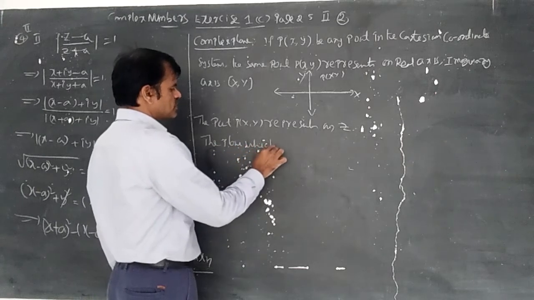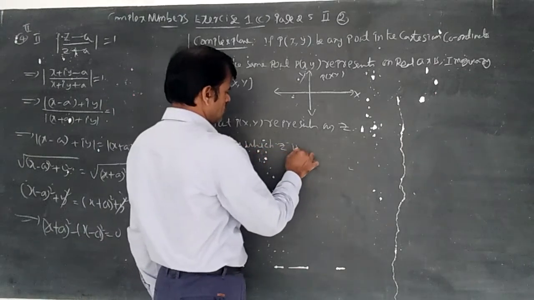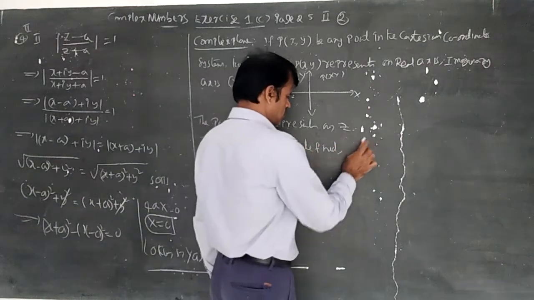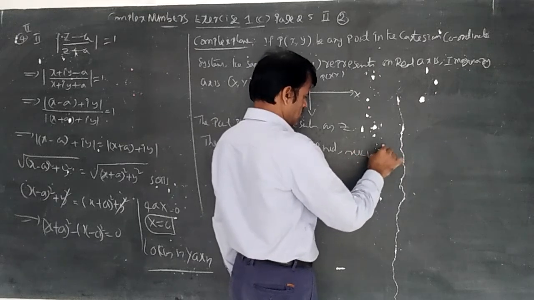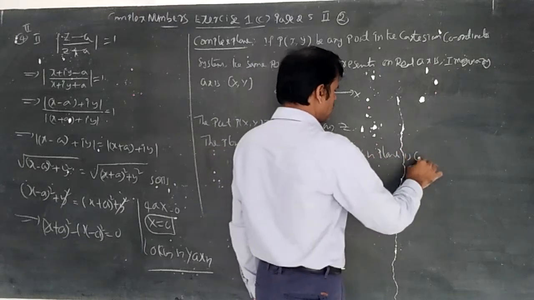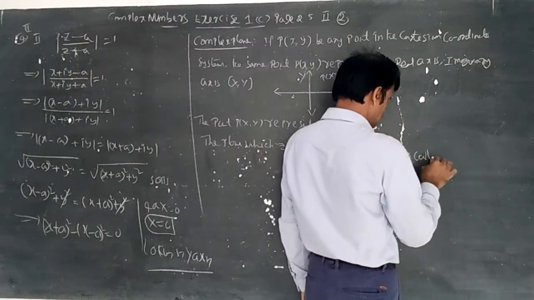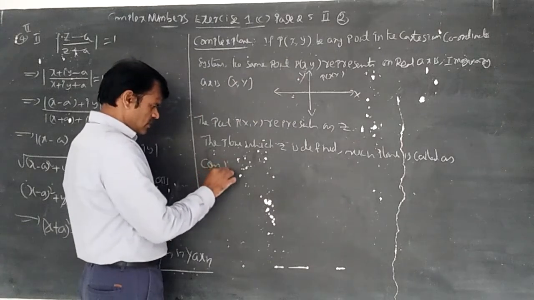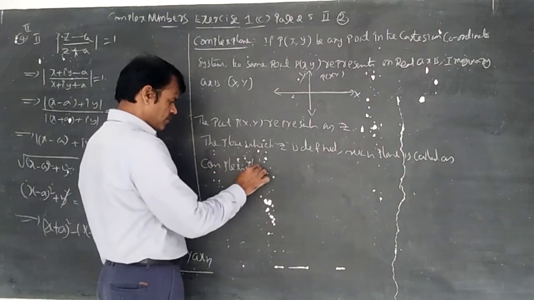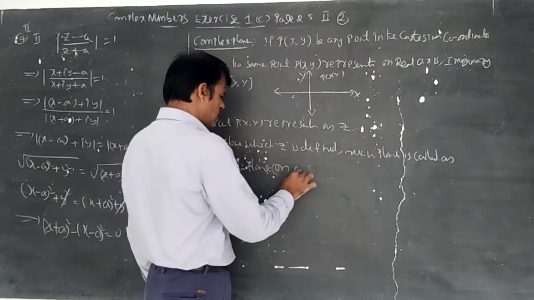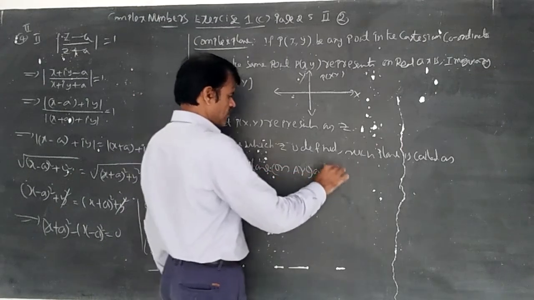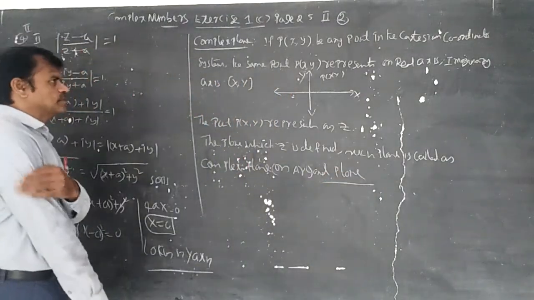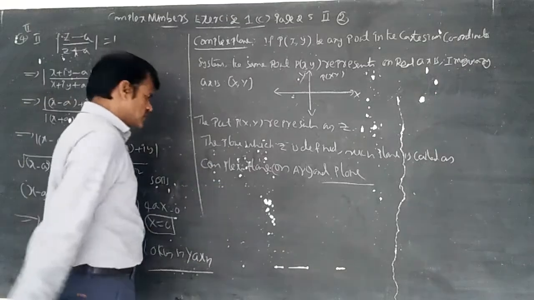The plane in which z is defined, such a plane is called complex plane or Argand plane. That's all.